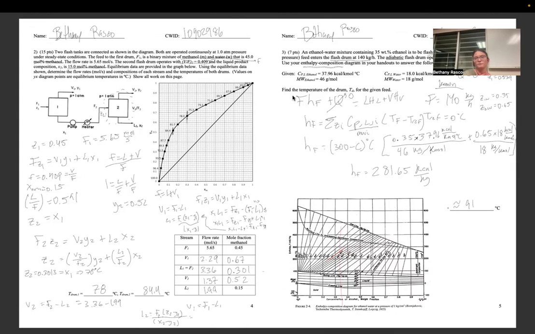And so I started doing it that way, and then I realized that to get the temperature, I just needed to get the enthalpy of the feed, based on the diagram here.